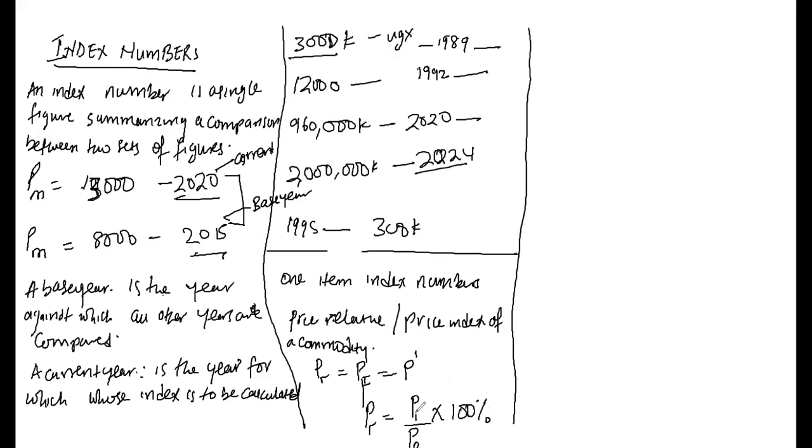P1 is the price in the current year, and P0 is the price in the base year.